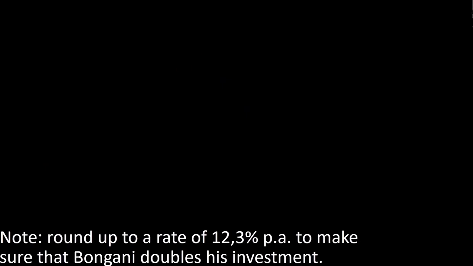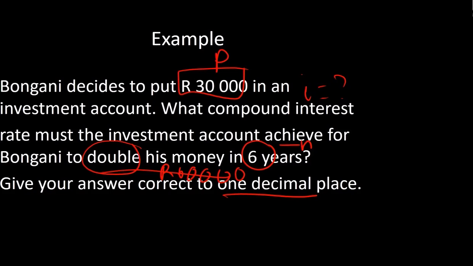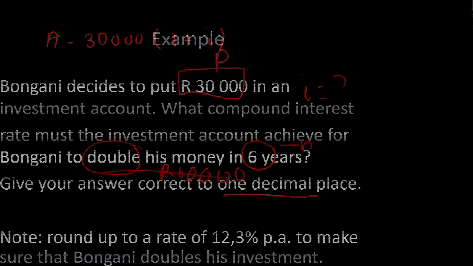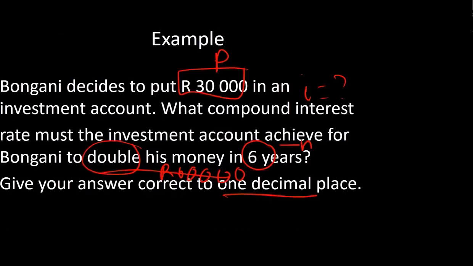Okay, so we know that the formula we're using is A equals P into (1 plus i) to the power of n. We start out with 30,000 Rand. i is what we are looking for, and n is 6.